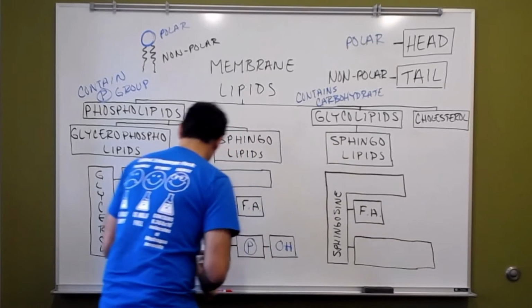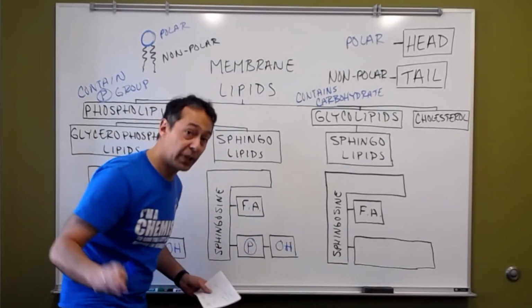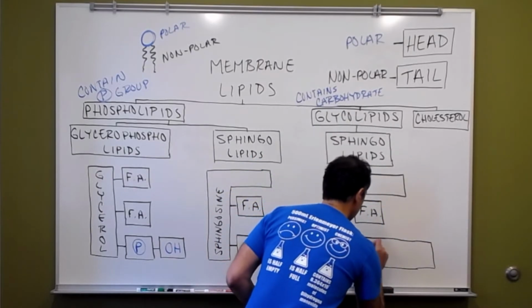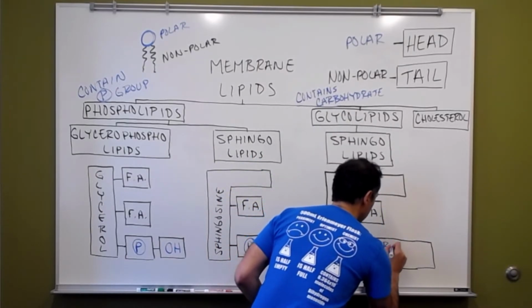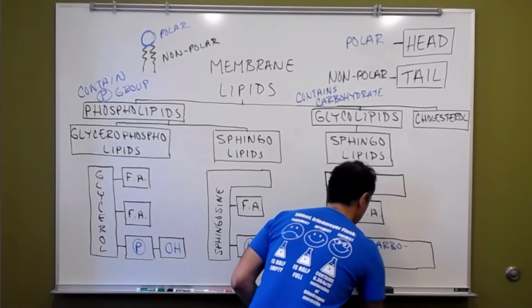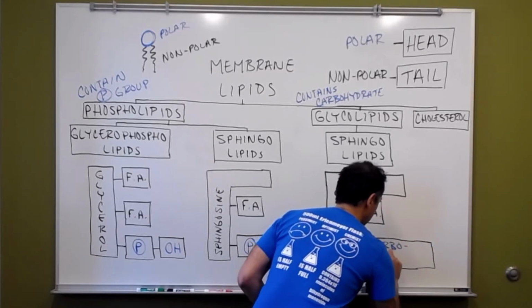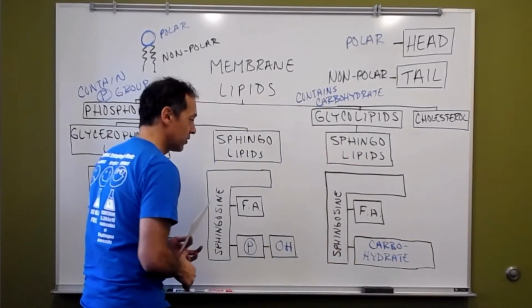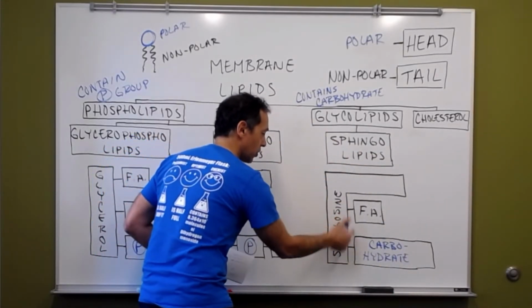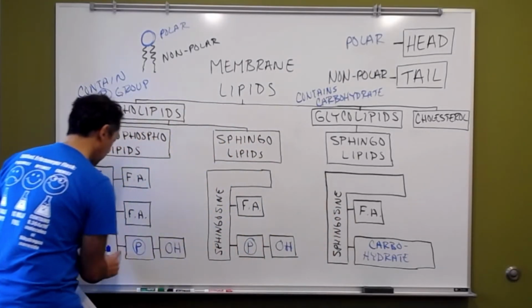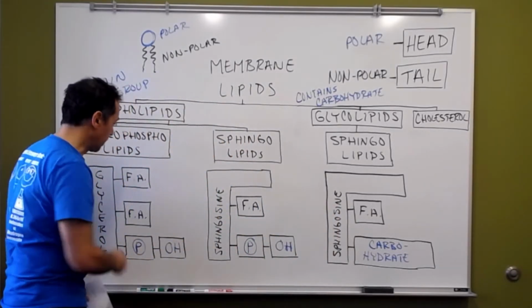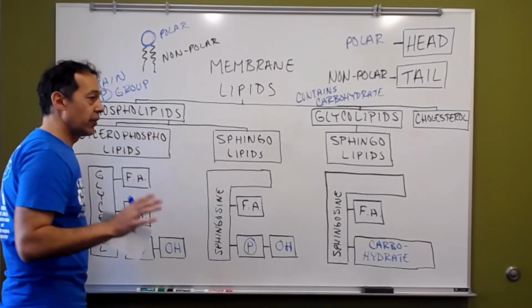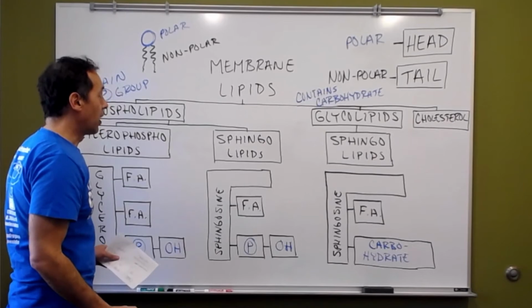And then what makes it different is going to be that carbohydrate. And again, these linkages here are ester linkages, all attached onto the backbone. All right, so that's two of the three categories of our lipid membranes.